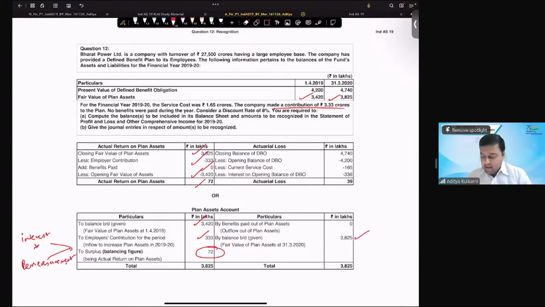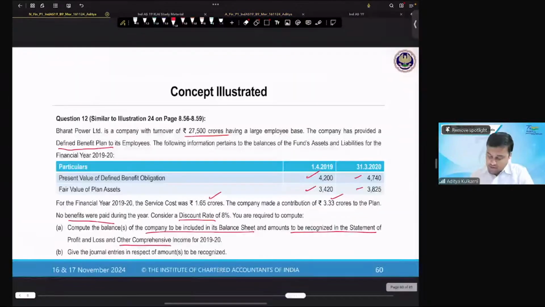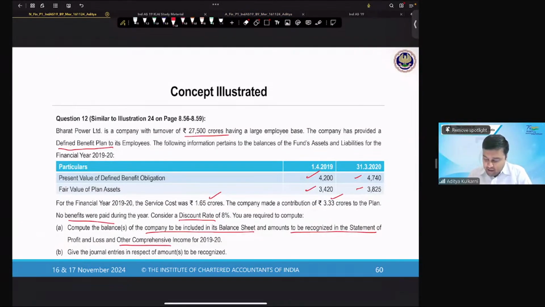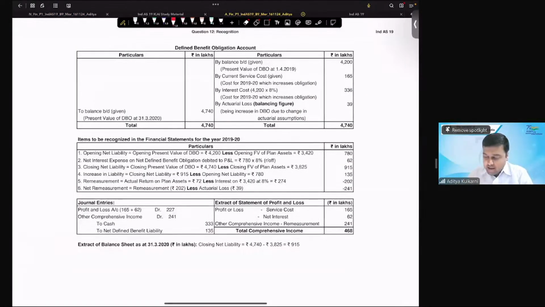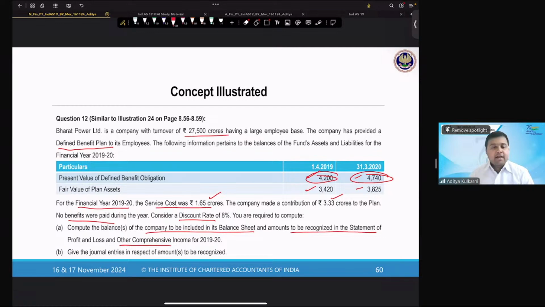Okay, so this is a straightforward working. Coming to the obligation, what is the opening value of the obligation? 4,200. Closing value 4,740. So opening credit 4,200. Closing credit 4,740. All right. Now, do I have your current service cost? Yes. For financial year 1920, service cost was 1.65 crores.